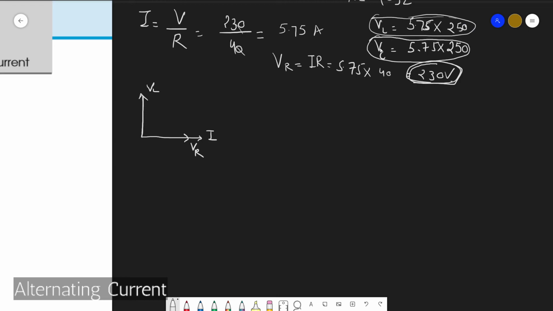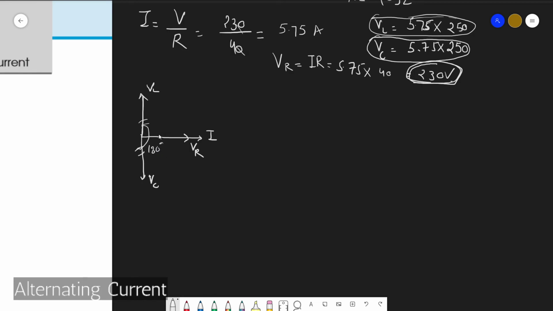So check if there is a calculation mistake, otherwise everything is I guess correct only. So VL is equal to VC. That means these two phasors will be equal. These two are equal, but these are in opposite direction. They will be out of phase 180 degree.